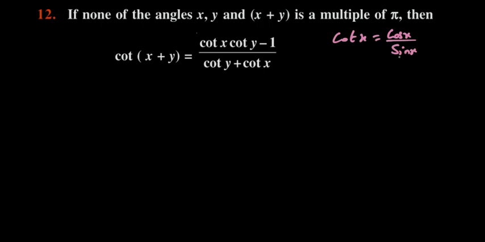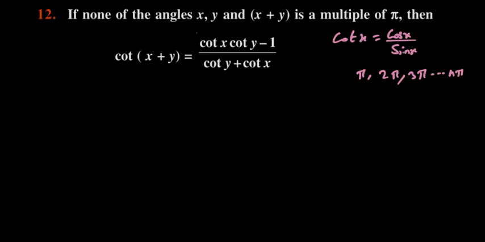So the sin function will be 0 if it is a multiple of pi: sin pi, sin 2 pi, sin 3 pi. So in these cases, that is sin n pi, the sin function becomes 0.